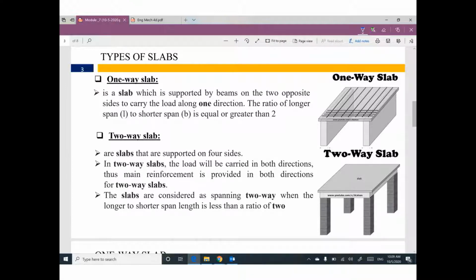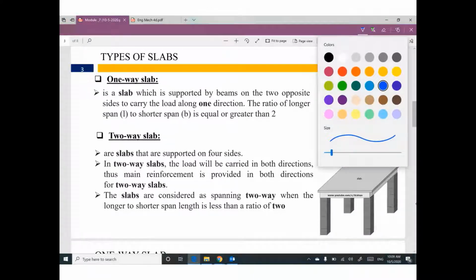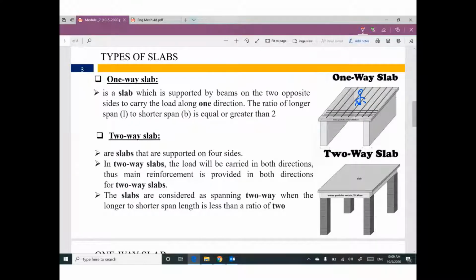One-way slab means that if you stand on this slab, the only way for your load to go to a support is in this direction, because the only supports for your slab are this wall and that wall.